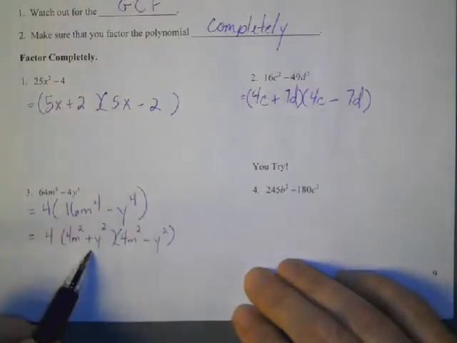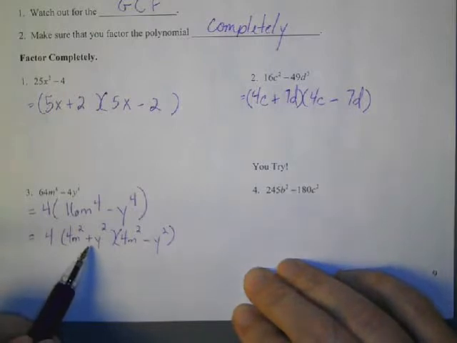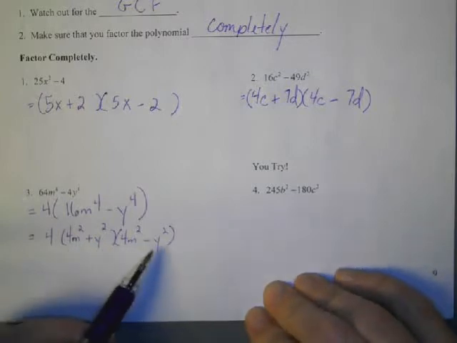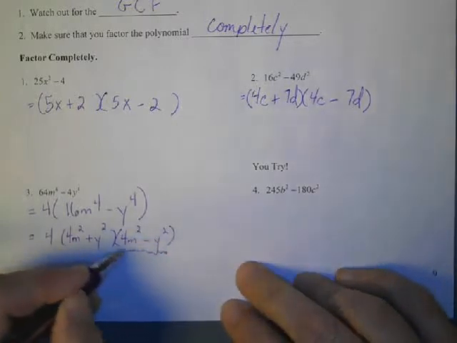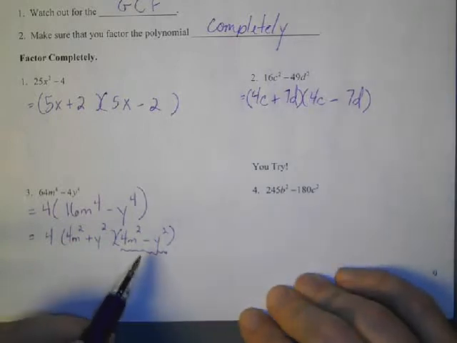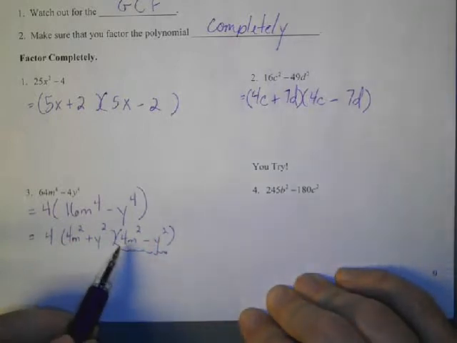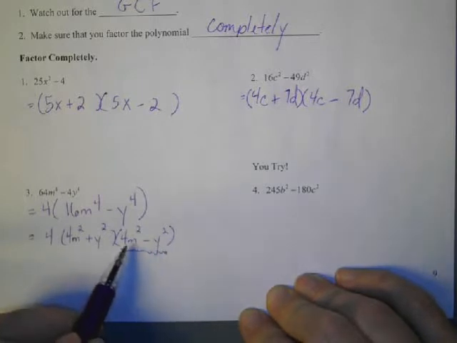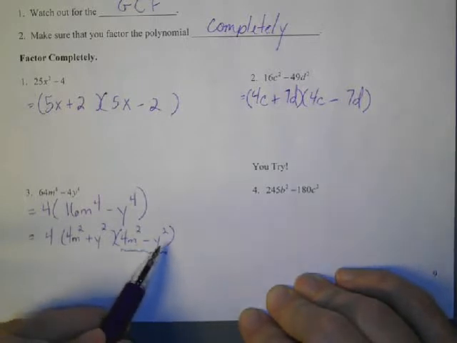Now when I get to a binomial that has the same signs, it's no longer factorable. This one is done. But if I look at the second one, I have opposite signs and I have perfect squares. So this is a factorable binomial.